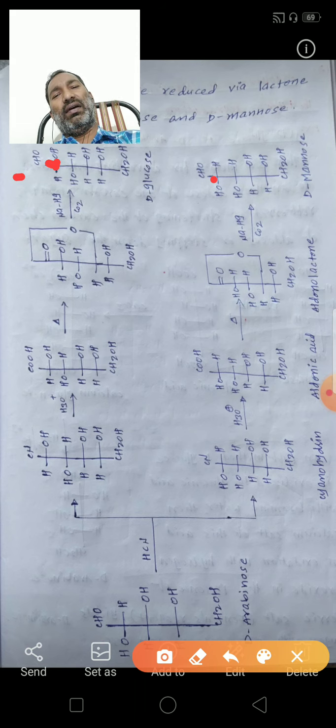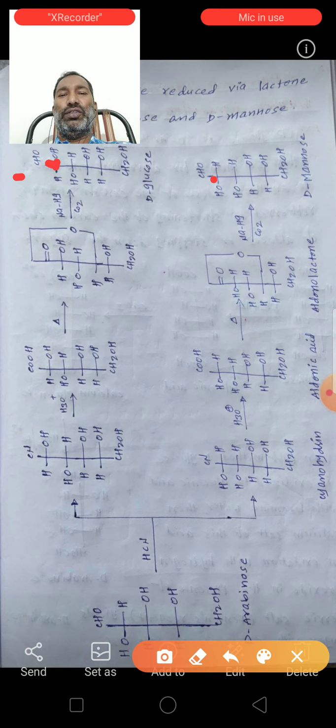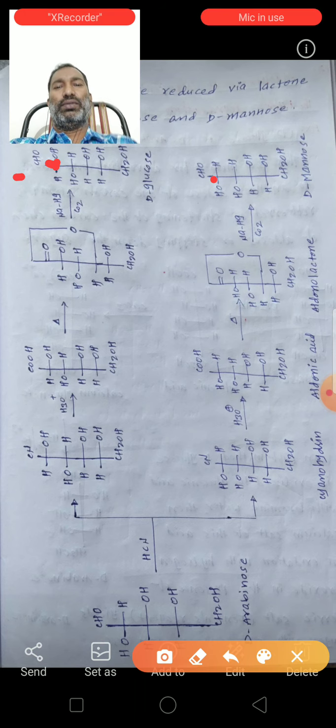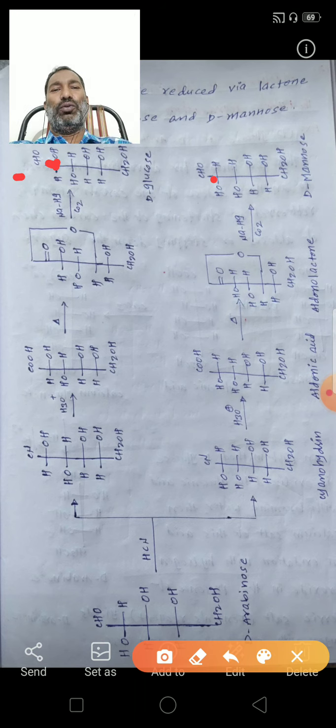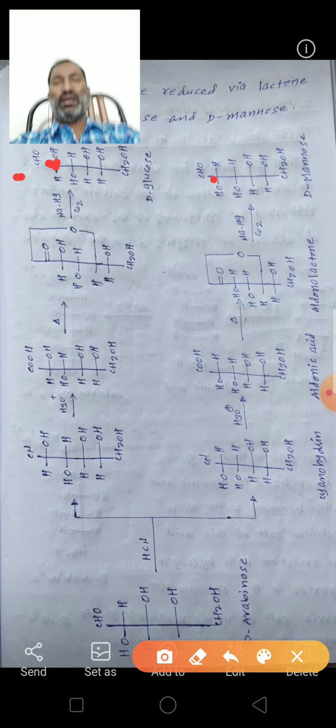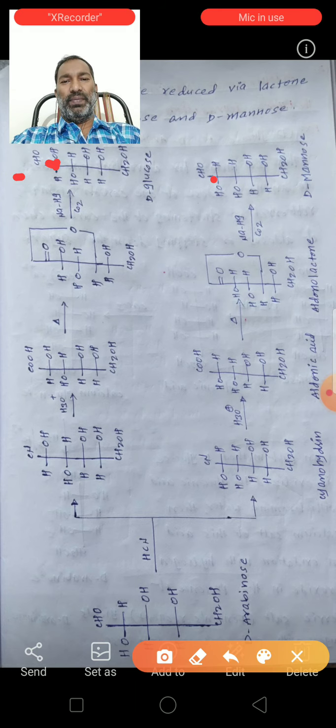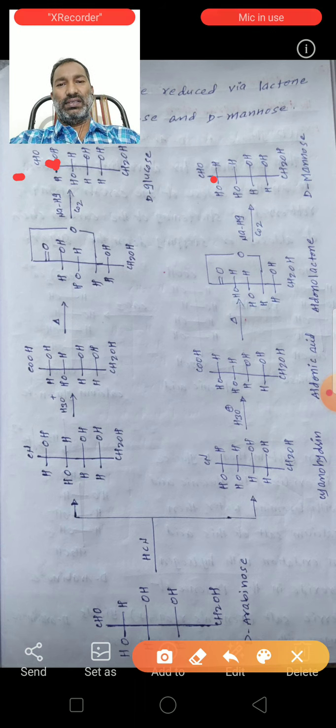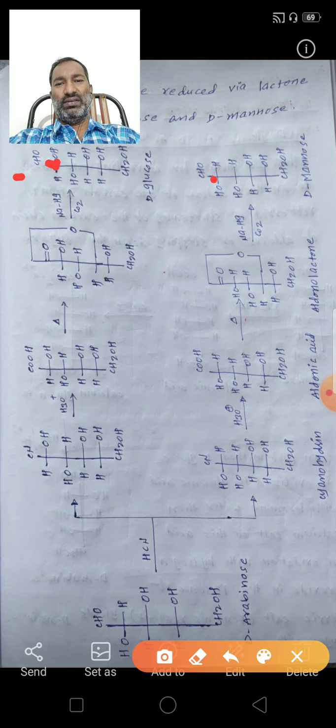Remaining all functional groups are the same. So these two differ in configuration at the C2 carbon. D-glucose and D-mannose are examples of epimers. These are diastereomeric isomers.